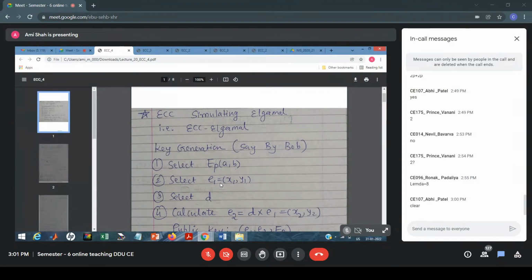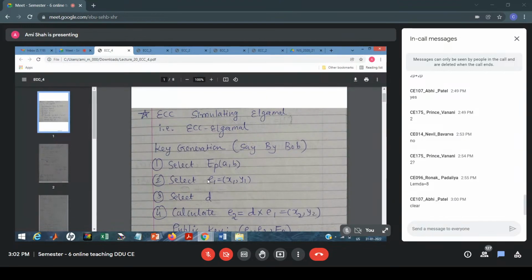All of you know, in your lab session, this type of curve is given to you, and you know how to do the point generation. For this particular curve, you first generate some of the points, and after generating the points, you choose any of the points on the curve. In that way, in your lab session, you have to implement that.